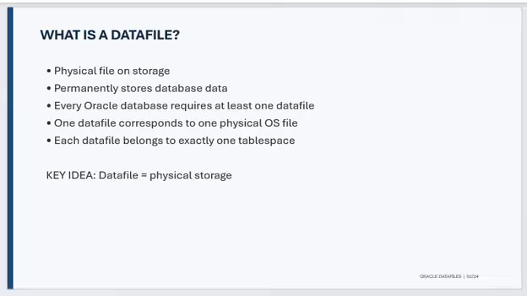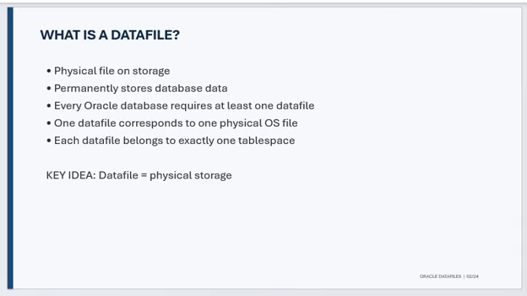If we create any file in text format, suppose customer.txt, that file exists physically somewhere on our laptop in the storage. Oracle works with physical files in a similar way. When Oracle needs persistent storage for database objects, the physical storage is provided through data files.